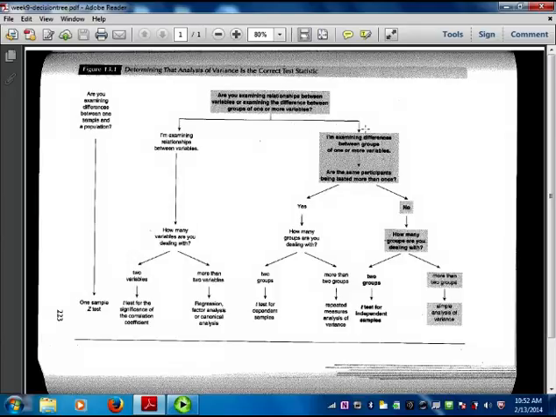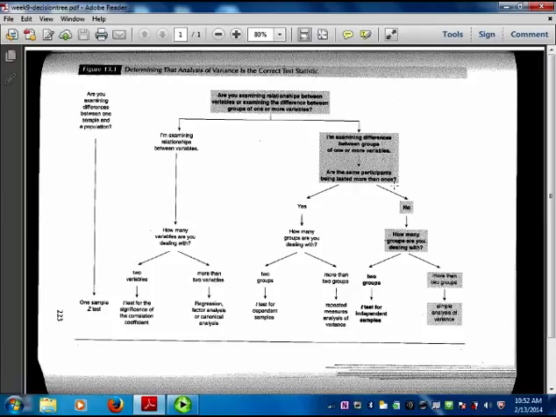So you go to the right side and say, I'm comparing mean differences between groups of one or more variables. If this is comparing the mean, you are in the right place, and you move on to ask, are the same participants being tested more than once?